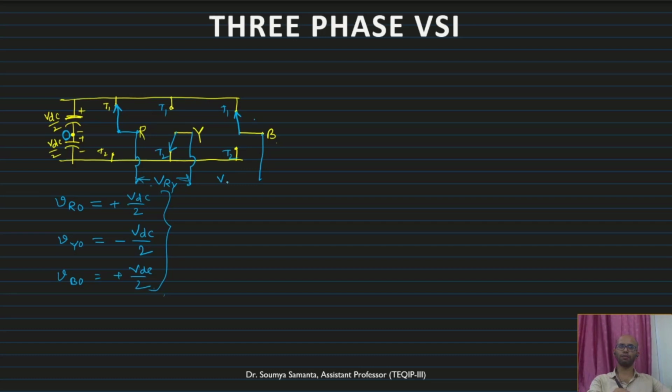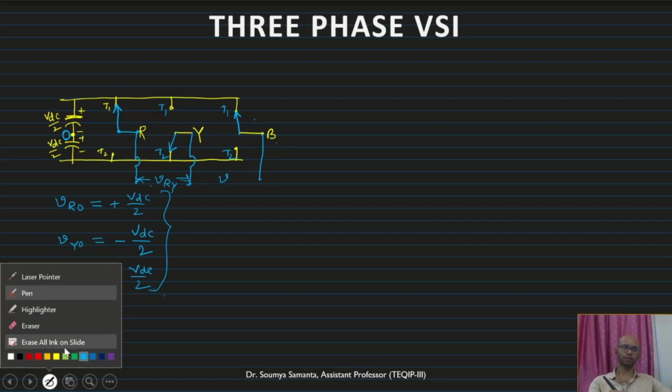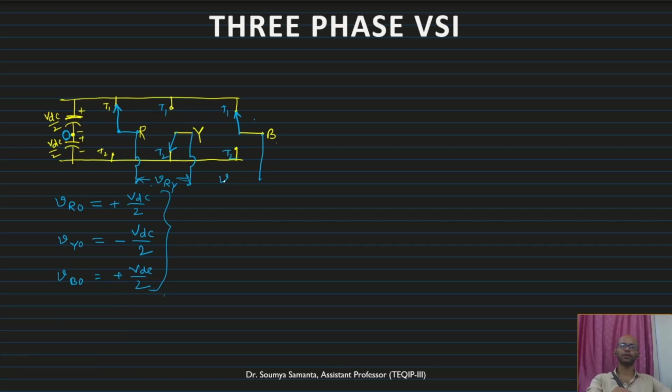Similarly, this is YB, this will be VYB. Similarly, between B and R, it will be VBR. Now, how to represent those voltages? Line voltages can be represented in terms of pole voltages. These are the pole voltages, the voltage of the pole with respect to the midpoint of the DC bus.